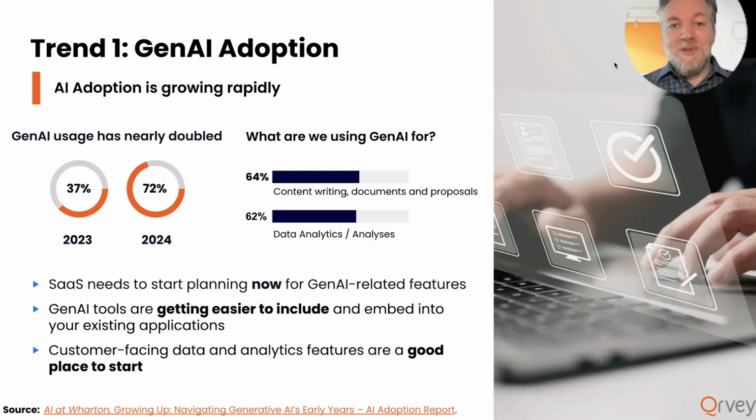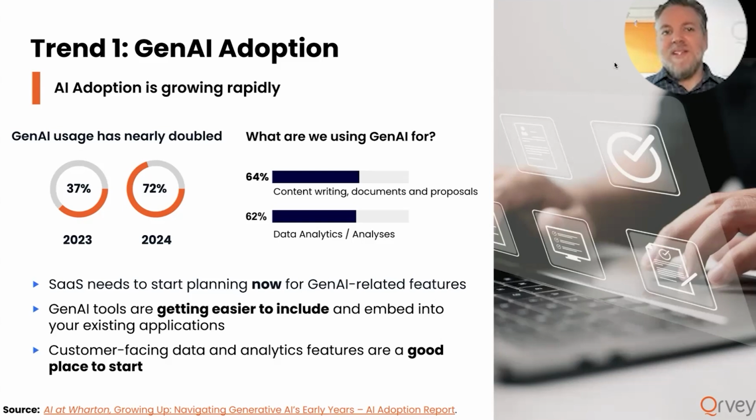And what they're using it for is actually quite interesting, because the majority of folks are using it to not only create content, but also to do data and analytics and analyses. So customers or users or just consumers in general are more and more used to working with Gen AI tools, not only to create their content, but to analyze their data.